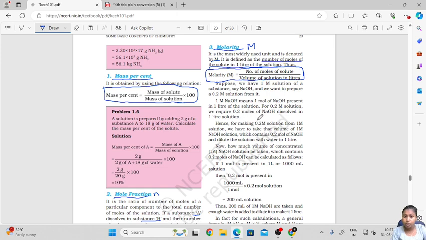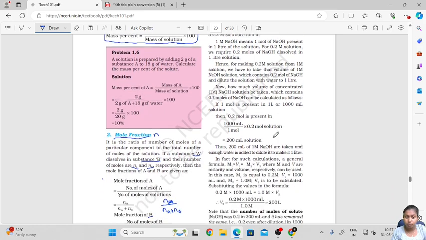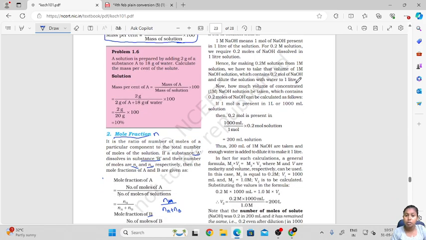So whatever 1 molar solution is prepared, we have to take that 1 molar NaOH solution which contains 0.2 mole of NaOH and dilute it with water to 1 liter. Now how much volume of concentrated 1 molar NaOH solution should be taken which contains 0.2 moles of NaOH can be calculated as follows.